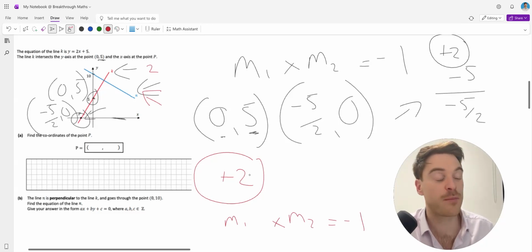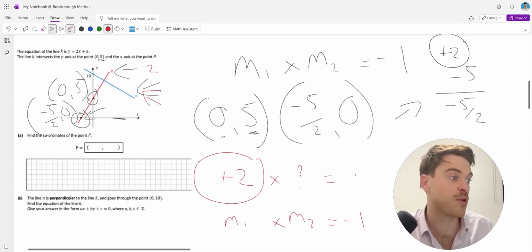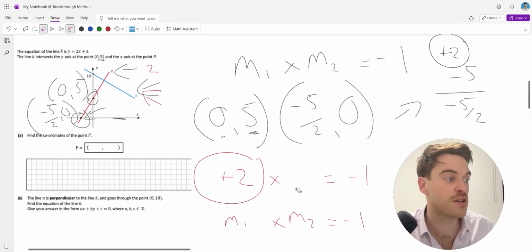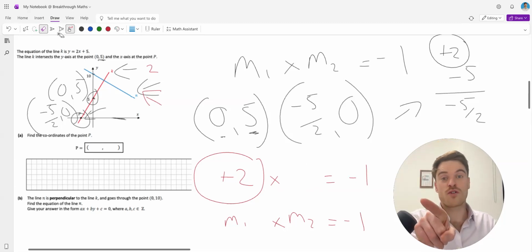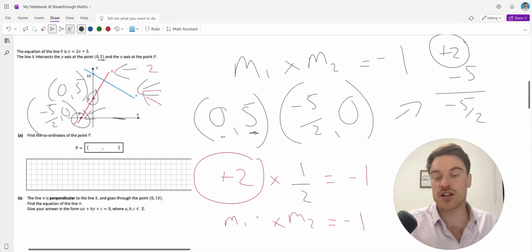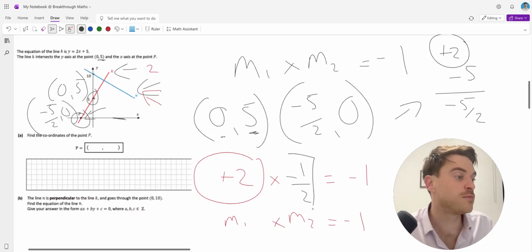So this by something else will give us -1. To get that, you just simply flip it round, so +2 goes to 1/2. Flip it round, change sign, so it goes from +2 to -1/2. And that's the perpendicular slope.